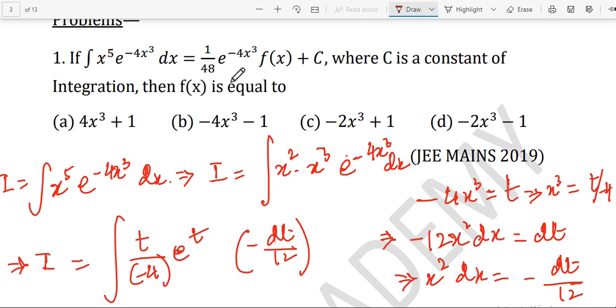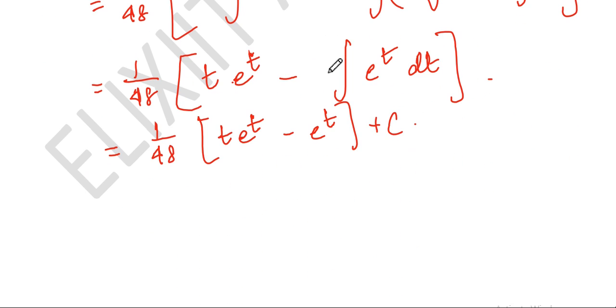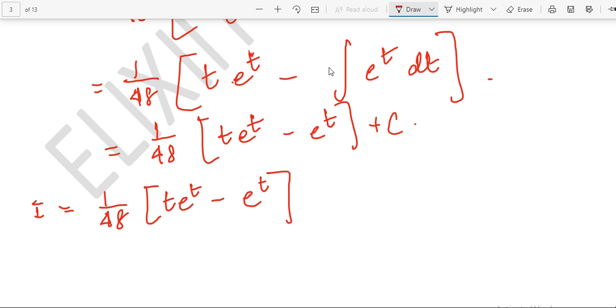Now let's see what they have asked in the question. They have said this integral, the left hand side, equals 1 by 48 into e to the power minus 4x cube f(x) plus c. So I is 1 by 48 into t into e to the power t minus e to the power t plus c.